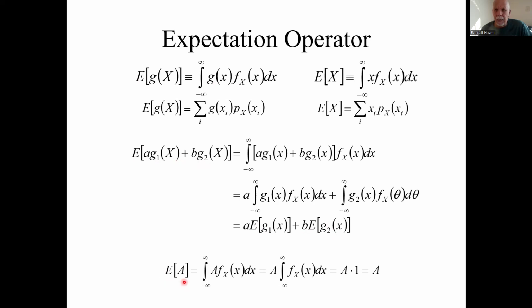See that the expected value of a constant, here A is a constant, not really a random variable, would mean this. You can pull the A out of it, and what's left is the PDF itself. When you integrate that over all x, that's just 1.